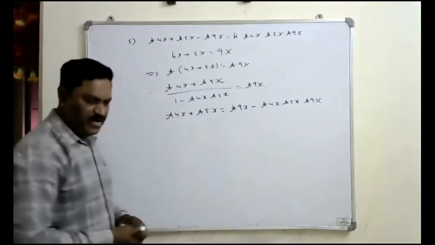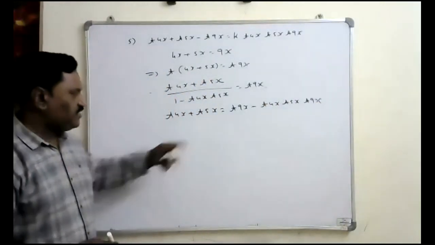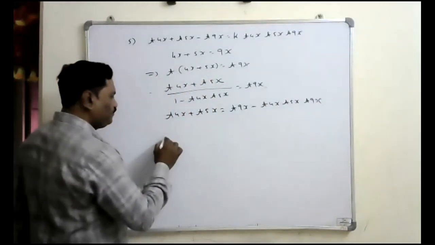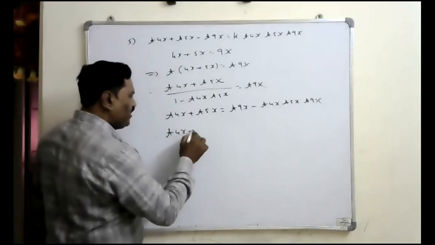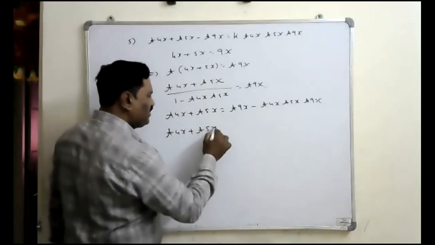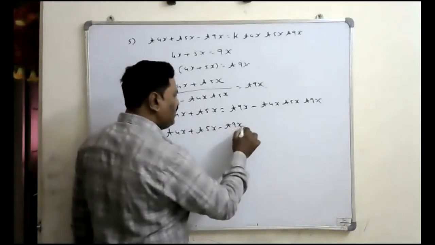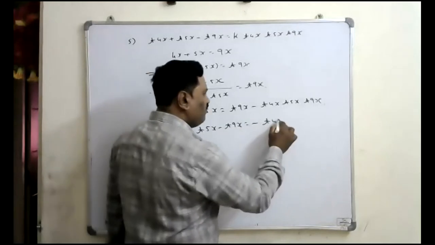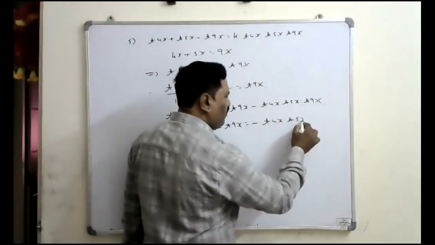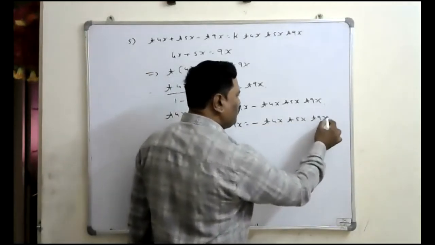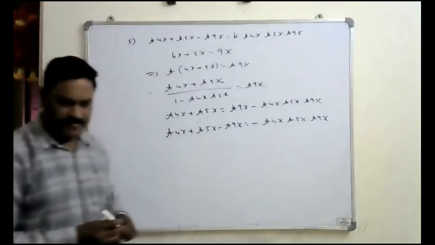This is what we are getting. Now bring this tan 9x this side. So therefore, tan 4x plus tan 5x minus tan 9x is equal to minus tan 4x tan 5x tan 9x. So this is the result we got.